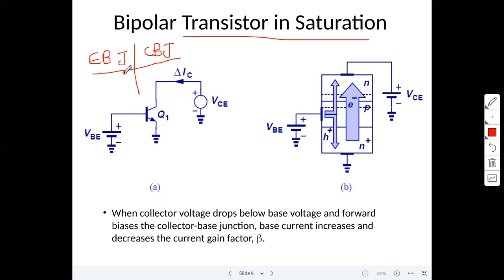So far we discussed active mode. In active mode, the emitter base junction should be forward biased and the collector base junction should be reverse biased.